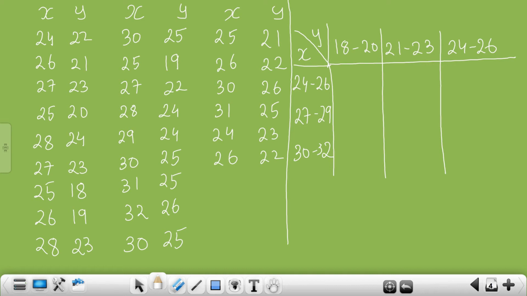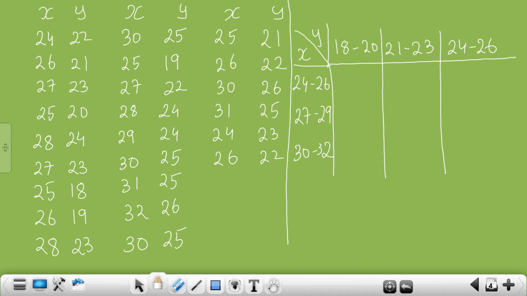Now let us look at the first pair of observation. The first pair of observation is 24 and 22. The value of 24 lies in the first class interval of x, which is 24 to 26, whereas the value of y, 22, lies between the class interval of 21 and 23.